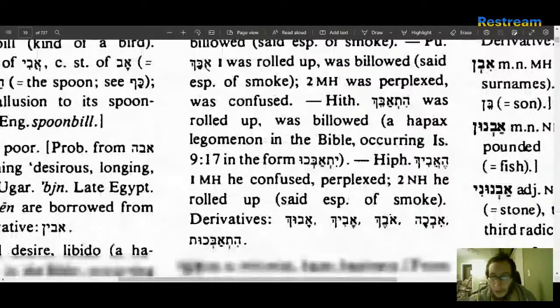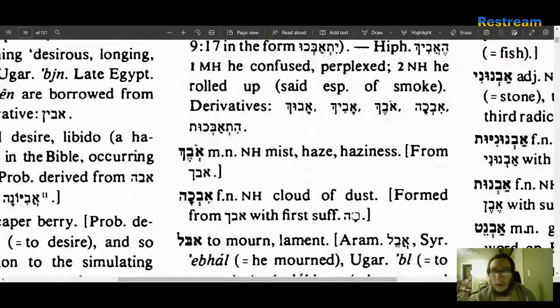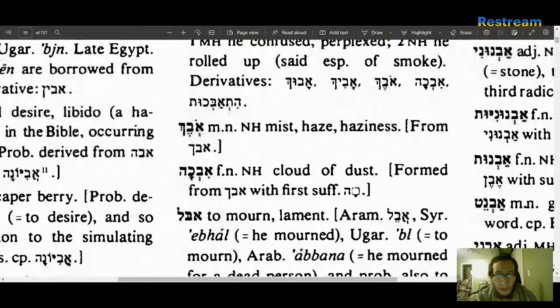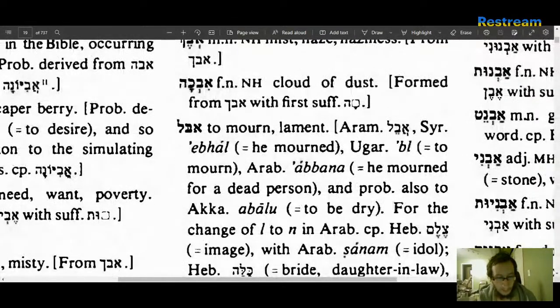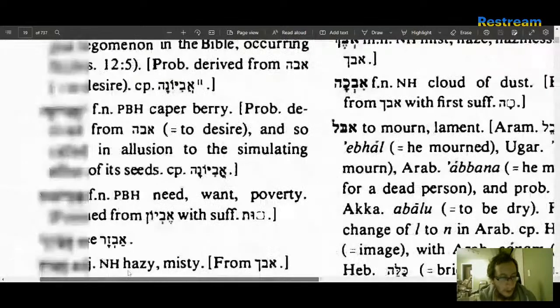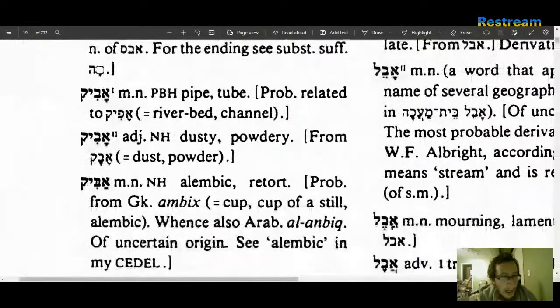Let's see. Okay. A cloud of dust, abaka. Let me go to abak again. Oh yeah, so abak is dust or powder, yeah, but that's later on.